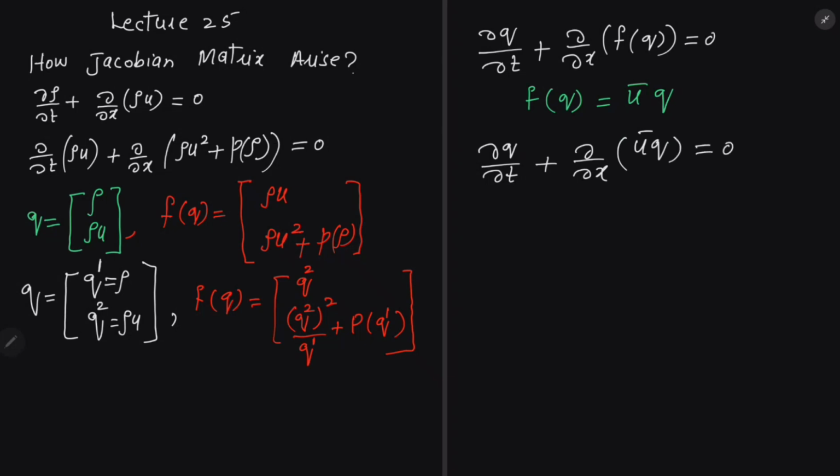Since u bar is a constant, it can come outside of this derivative. So we can write partial q by partial t plus u bar partial q by partial x is equal to 0. This was the advection equation.